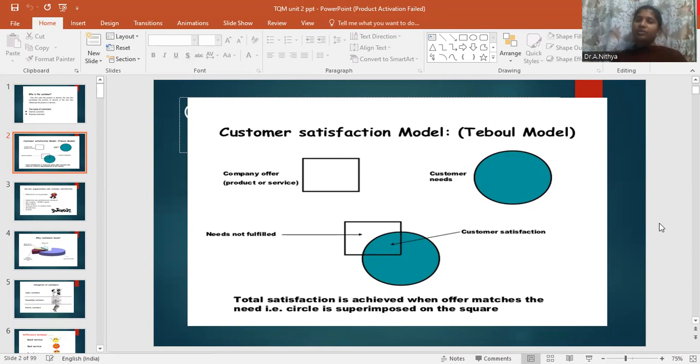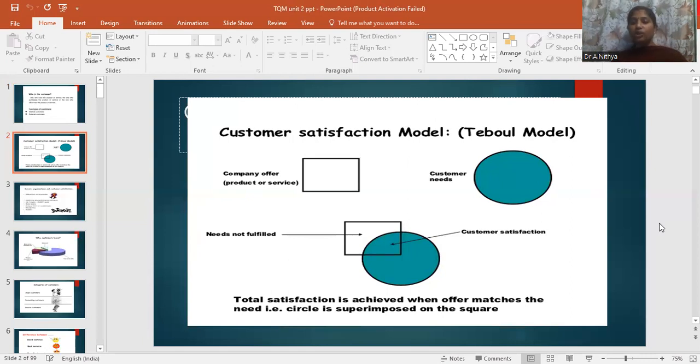The degree of satisfaction provided by goods and service of a company is measured by the number of repeat customers. So organizational success depends on customer and customer satisfaction. It is one of the goals of total quality management.